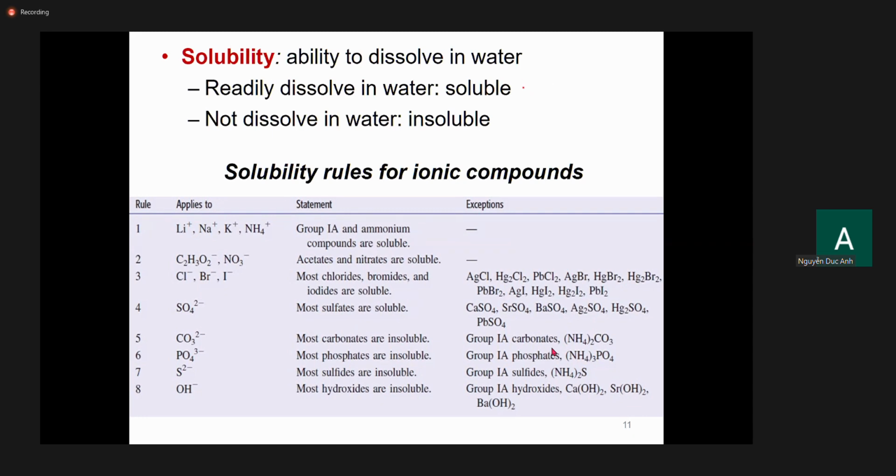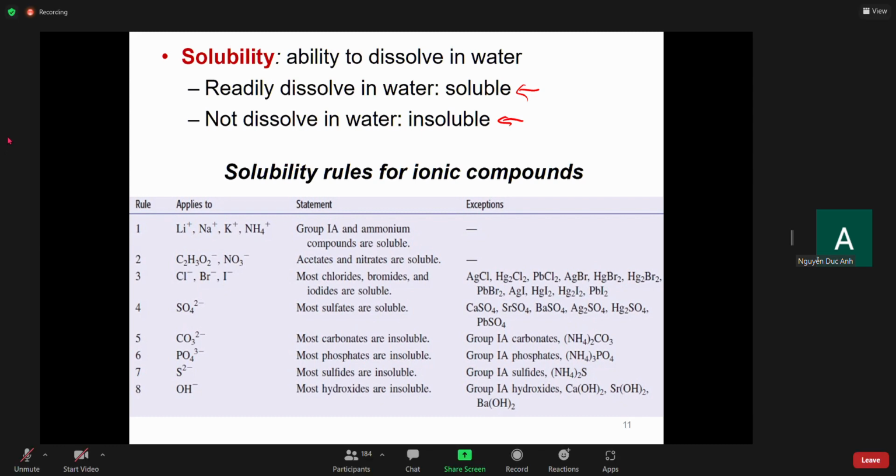If a material or molecule readily dissolves in water, it is a soluble material. On the opposite side, it is an insoluble material. For solubility, you have solubility rules, like in the table you will see later in the lower part. It depends on the type of the ionic compounds.